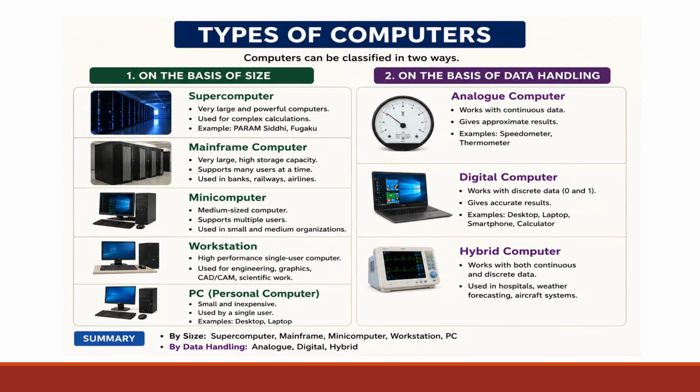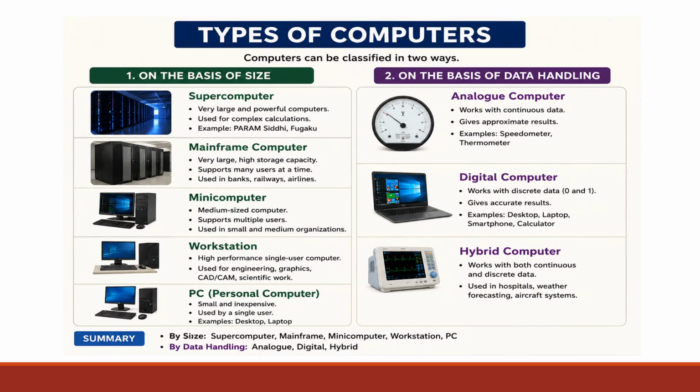Analog computers work with continuous data and give approximate results, not exact results. For example, speedometer, thermometer, these are examples of analog computers. And second one is the digital computer, which works with discrete data.